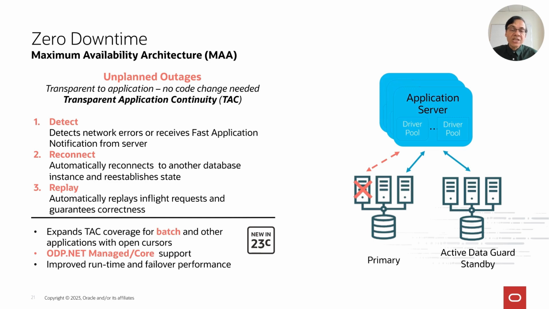To support those types of applications, we are enhancing TAC, and that will be available as a part of 23c. In addition, we are also adding support for transparent application continuity in our ODP.NET managed and core drivers. And we are also making some improvements in runtime and failover performance.